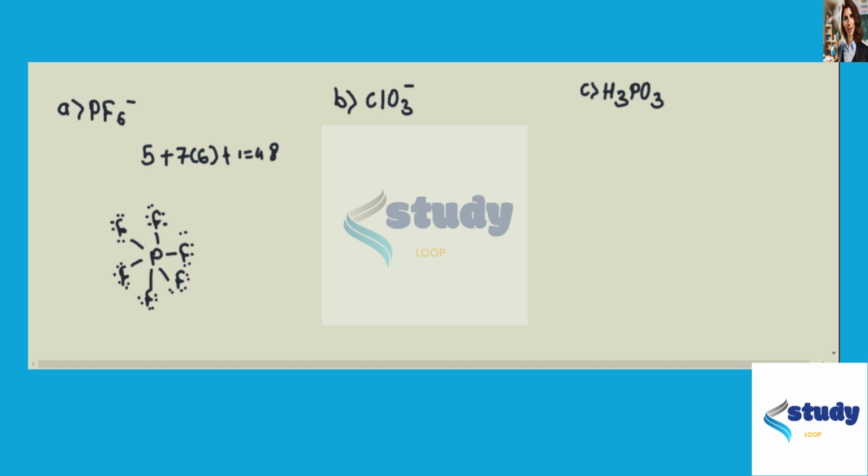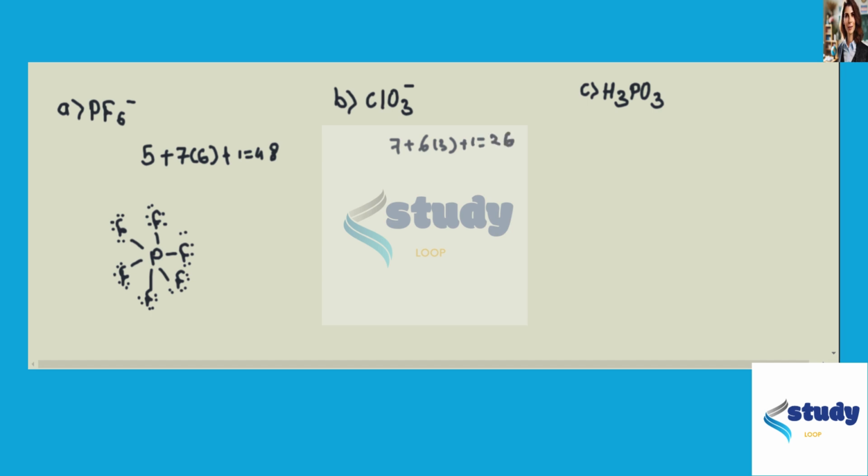And now for ClO3 minus, let's do the ClO3 minus Lewis structure. Chlorine has 7 valence electrons plus 6 for oxygen, and we have 3 oxygens, for a total of 25 valence electrons, plus that -1 makes it 26 valence electrons.